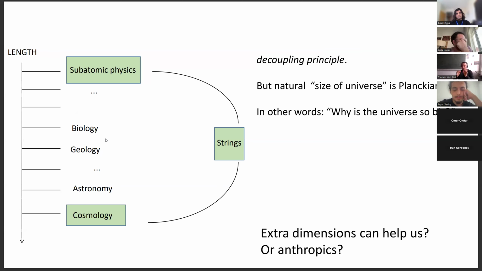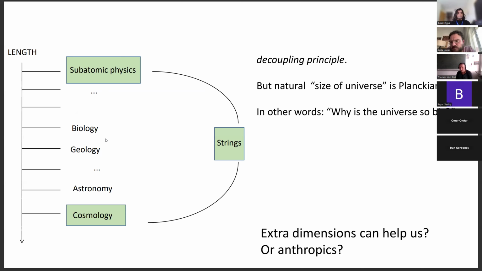Why? If you go 1 Planck distance away from your eyes where you observe, things are already moving away from you faster than the speed of light. So your observable universe would be like a Planckian size box. And we need to understand why the observable universe is so different. And the question I want to address is, is this a natural place to look at the physics of extra dimensions?